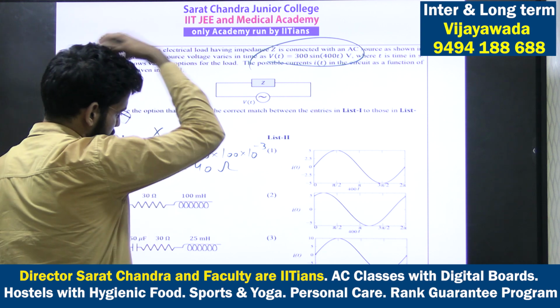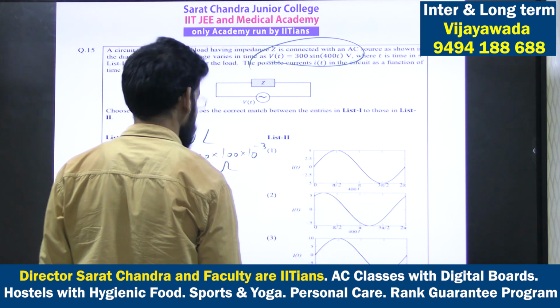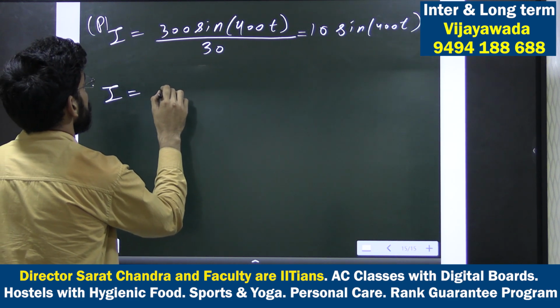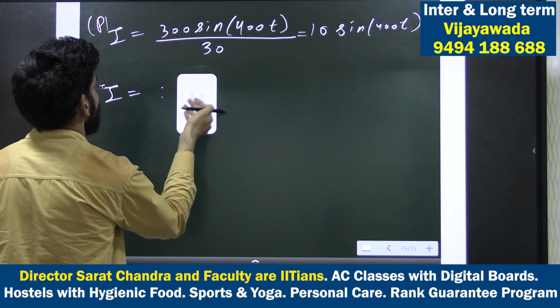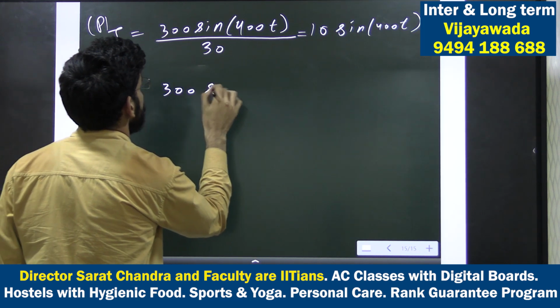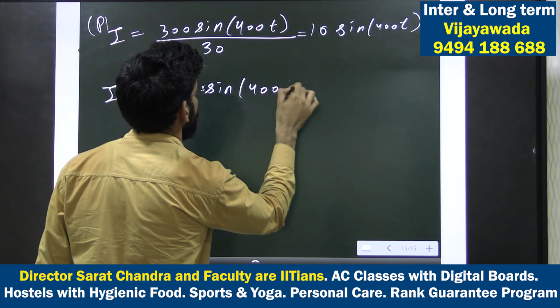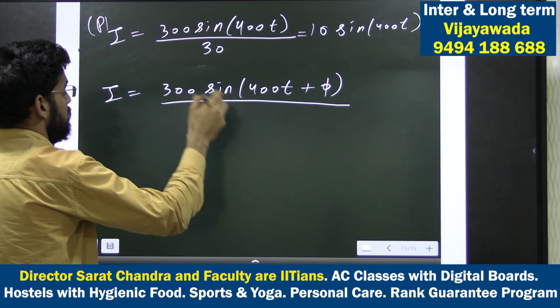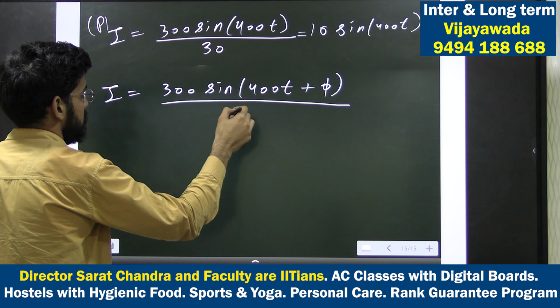So what equation will you get? If I see the equation of current, I will get 300 as it is, 300 sine of 400t plus phi, that I will write down if needed. Denominator you have under root of Z, right?